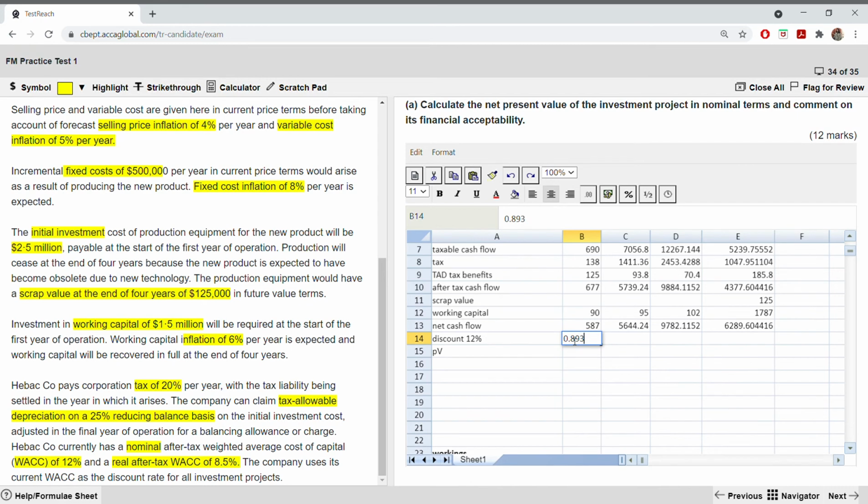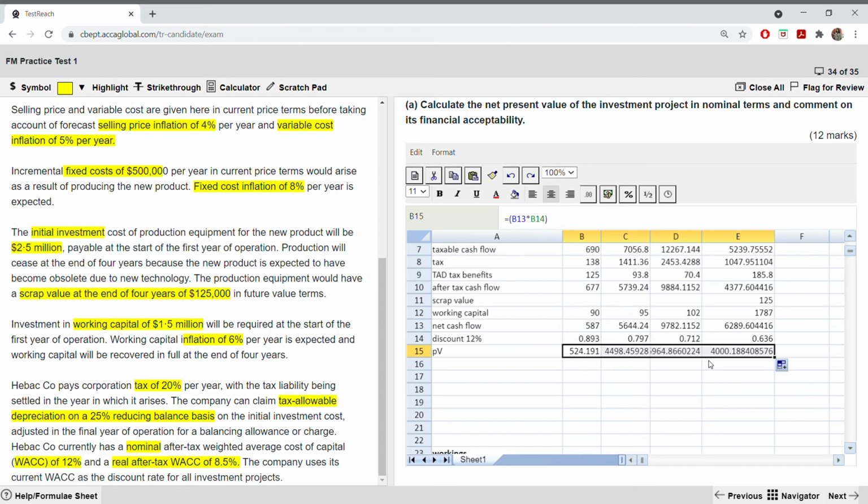So now when you find the present value, just multiply this by the discount. And I'm going to drag it to the other cells.